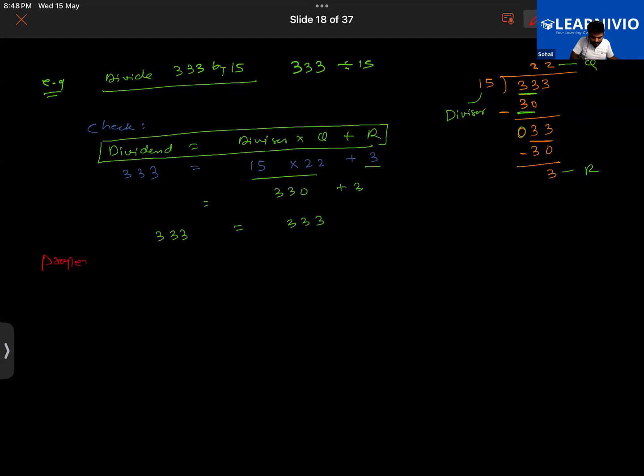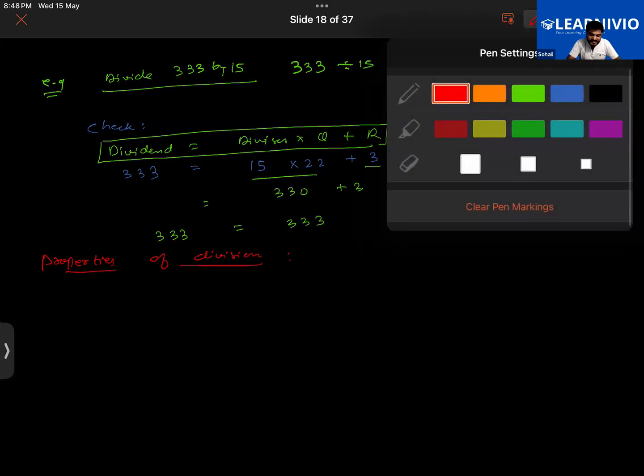Good. Now let us learn about the properties of division. What are the different properties of division? The first property is that dividing a number by itself will give 1, isn't it?